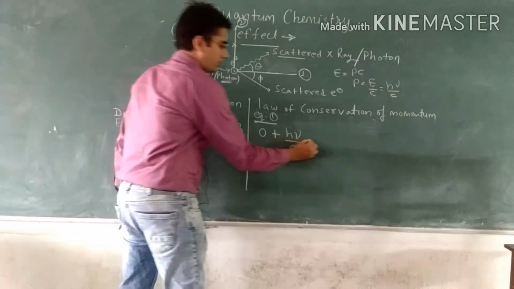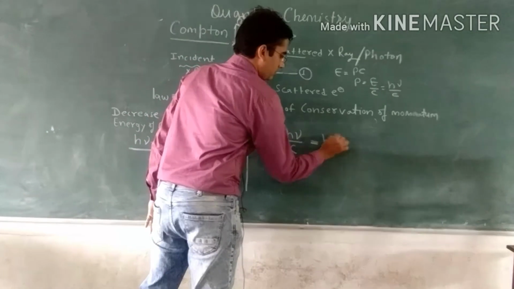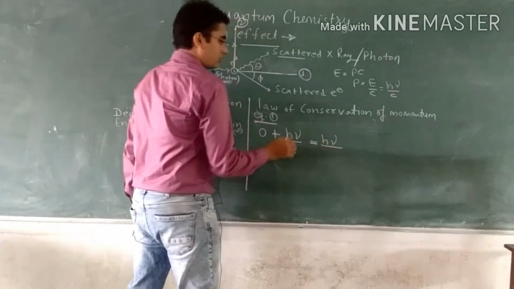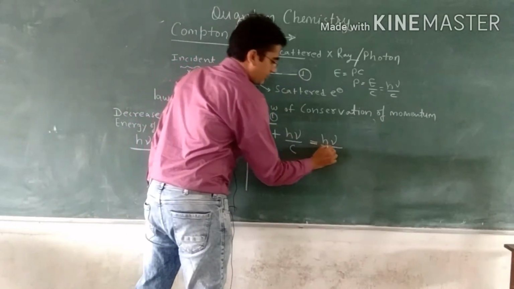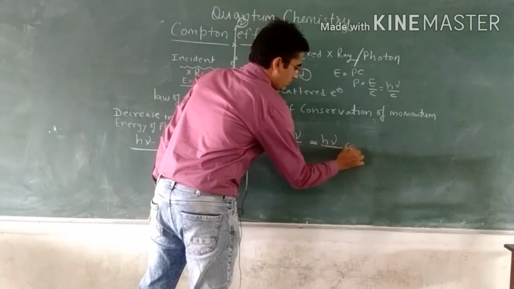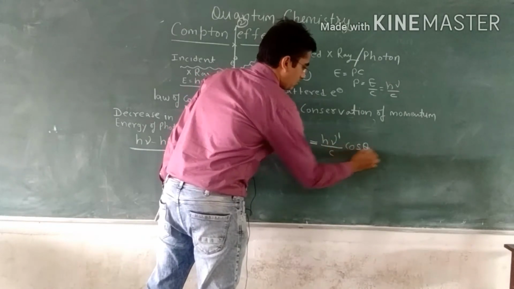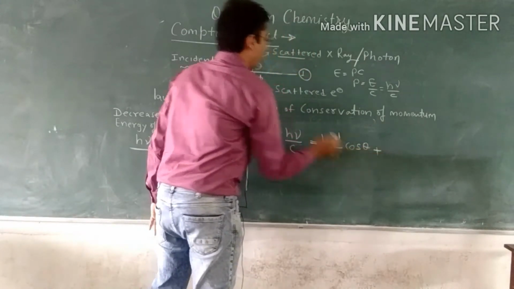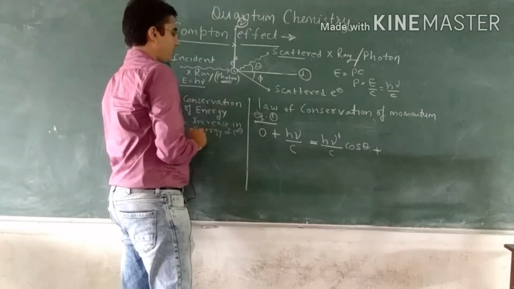Now after collision, the momentum will be the momentum of the scattered X-ray in the incident X-ray direction and the momentum of the scattered electron in the incident X-ray direction.